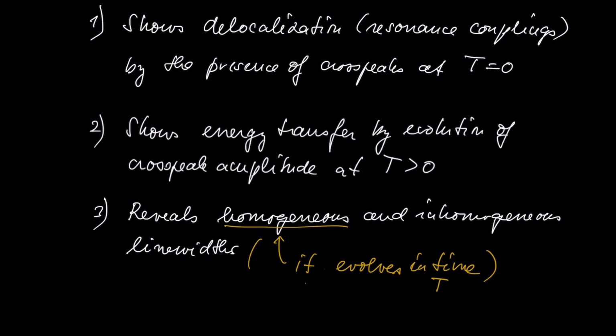Despite all these great properties, two-dimensional Fourier transform spectroscopy became actually famous for something completely different, namely for its ability to detect and analyze electronic coherences.